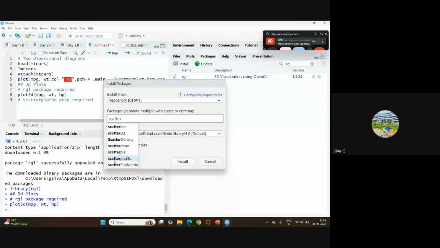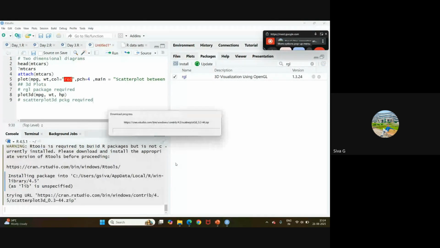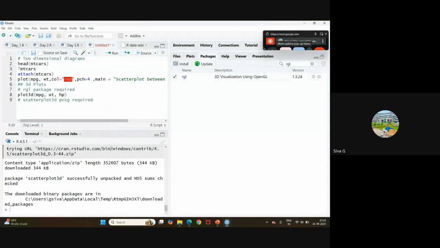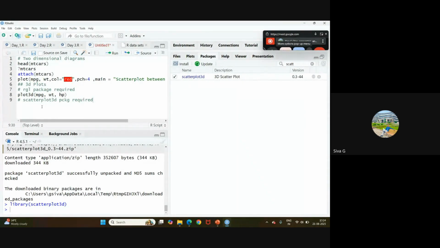Here you have scatterplot3d. Use this package, install. Yeah, it's installing. Now I will search here whether it is installed or not. Yeah, installed. Check this box. Now I have loaded it into my R console.